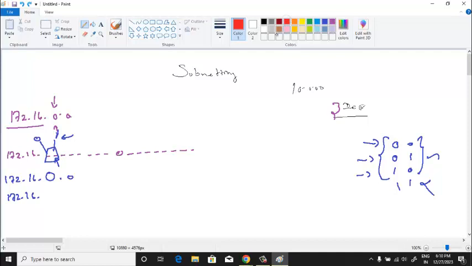How many bits have you given for network? This one and this one, isn't it? 2 bits. 2 bits. Yes or no? Now, what is the face value? If I ask face value, your answer should be this. You see, the face value of this place is 1. The face value of this place is 2.